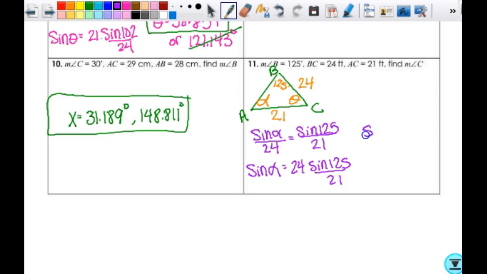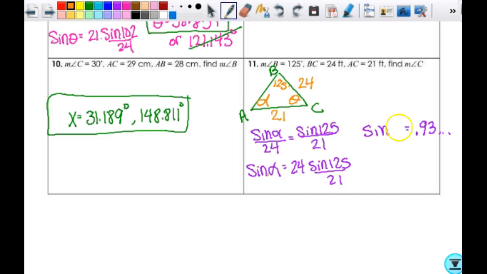So I get the sine of theta is equal to 0.93 and so on. I don't really care about writing that down, but remember, that's just the sine of the angle. You need to find the angle, so you have to do the sine inverse of the answer. And then that gives us that, oh, I want to put theta. Dang it. This should be alpha. Let me fix that. Sorry, I'm used to doing theta, but we named this one alpha because theta is the other one.